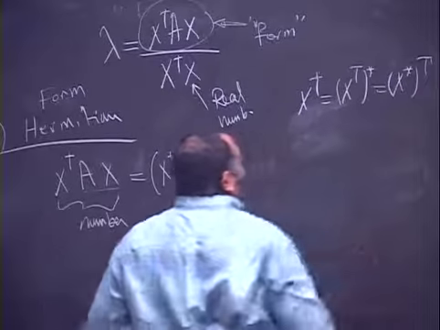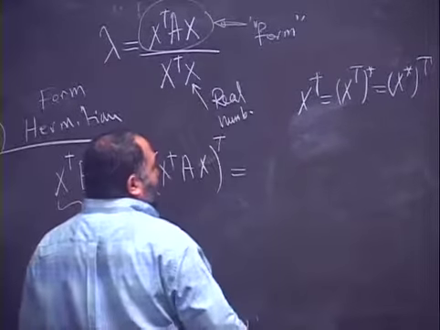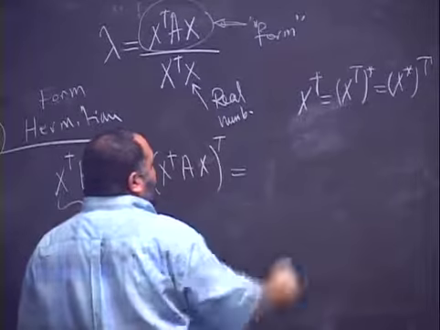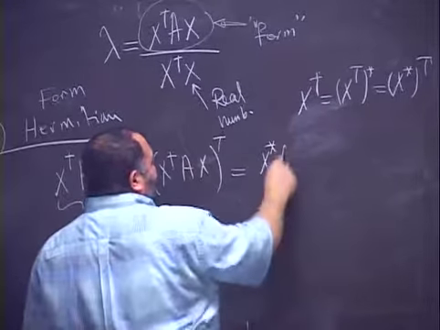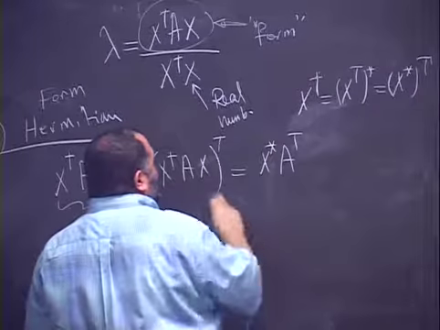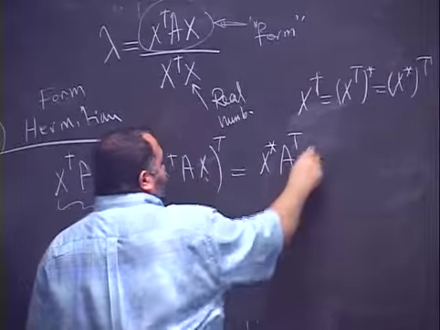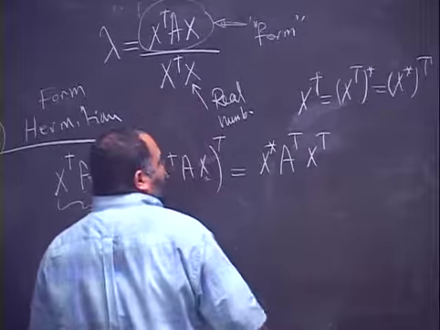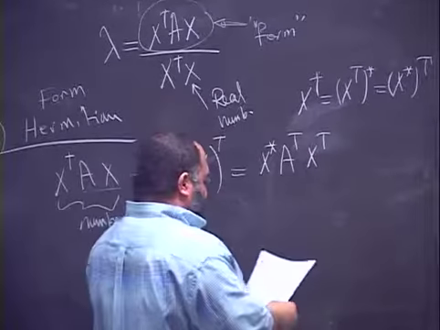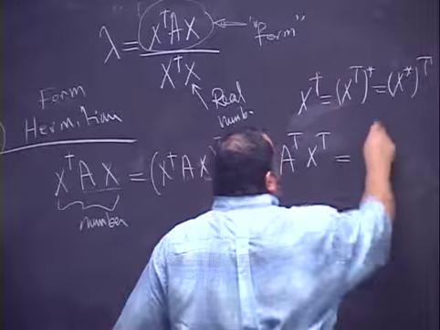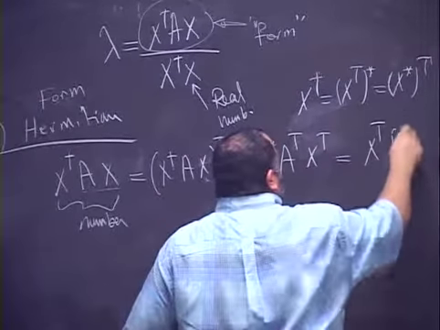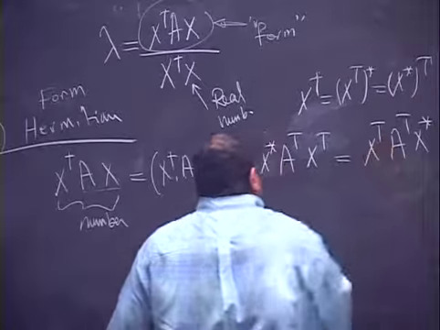If you take the transpose of this, this will give you X star, A transpose, and this will give you X transpose. I can rewrite it as X transpose, A transpose, and this.